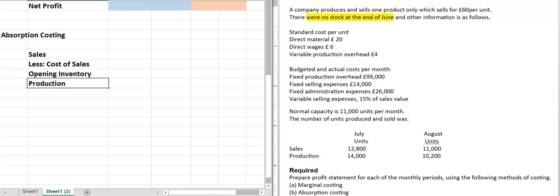Normally in other financial profit or loss, you should be adding the purchases here. But in management accounting, under the absorption costing and marginal costing, you don't mention any purchase. We don't purchase here, we produce here. So that's why we are mentioning the production here. And finally you have to less the closing stock.